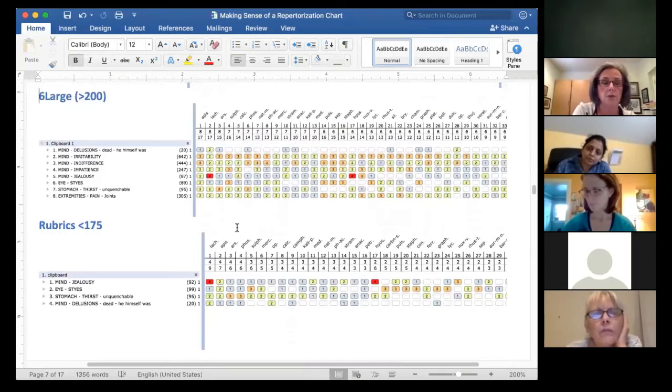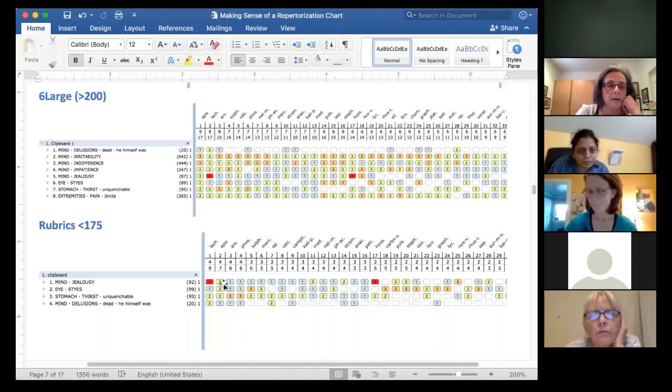So here I did the top repertorization just to show you how things can change. I have some smaller rubrics, and then I also have some large rubrics. And then at the bottom, I pulled out the large rubrics. So all we have are 4 of the smaller rubrics from this repertorization at the top. So let's look and see what happens. So lachesis, apis, and arsenicum, we still have lachesis, apis, and arsenicum down here.